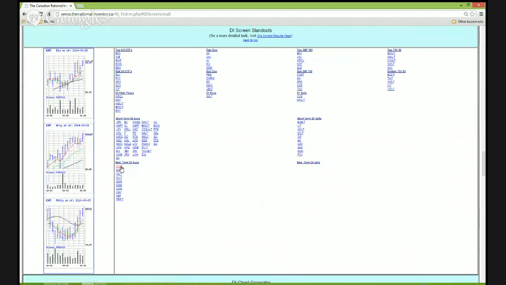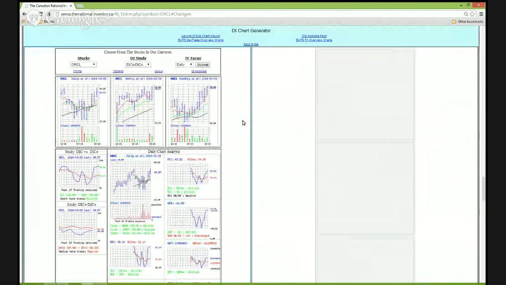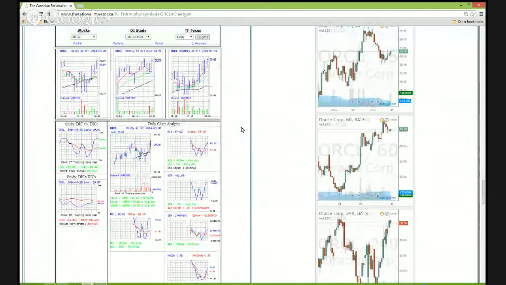And then what I've done is, let's say we want to look at something in particular. I'm really interested in this high flyer, Oracle. So we just click on Oracle itself, and this is all server-side scripting. When we click on that, the server is basically told to load all of the charts. This happens to be the daily analysis.